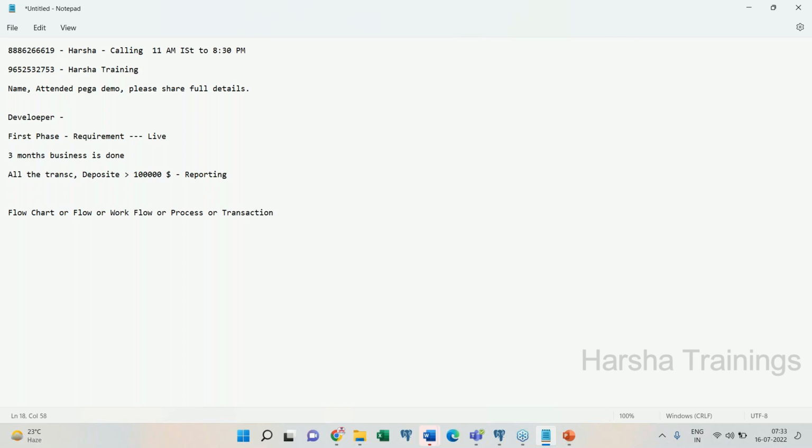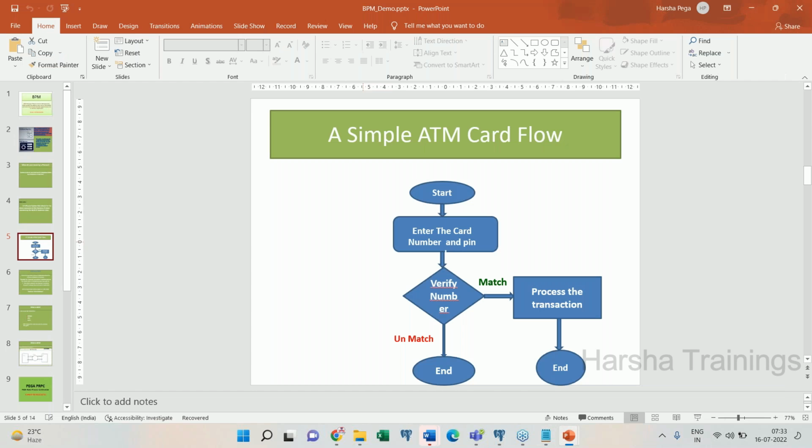All these different terms mean the same. So your transaction model, you are going to design like a flow model. Whenever you work on BPM for your application development, you design your transaction model like a flow chart. A flow chart is easy to understand, and easy to design and develop.